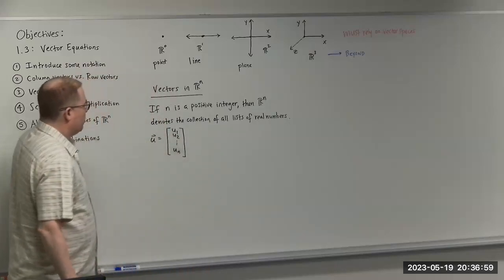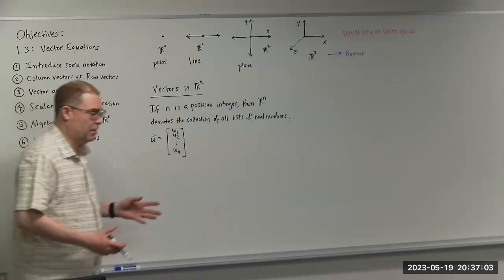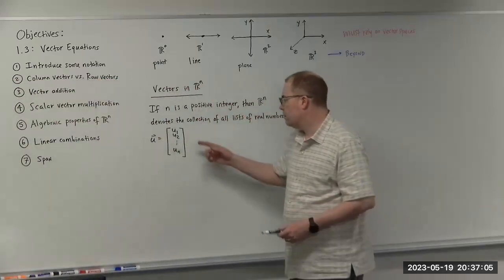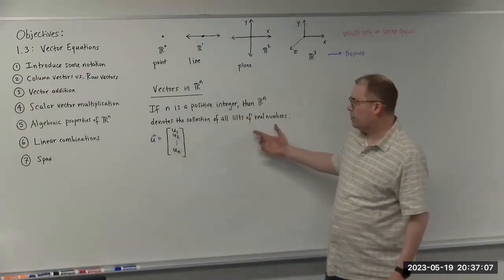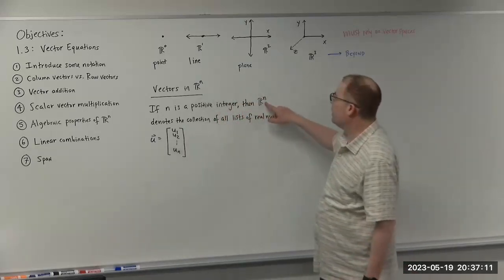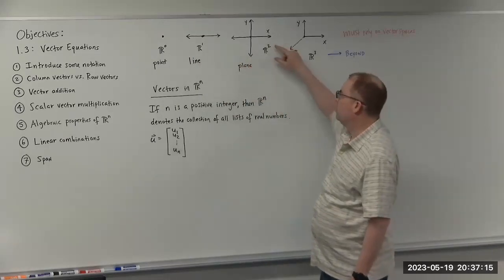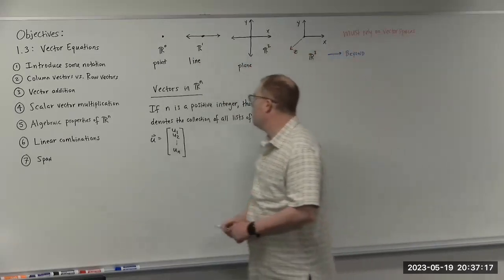You can think of this as a list, basically a storage of real numbers. This n value could be 0, 1, 2, and so on.